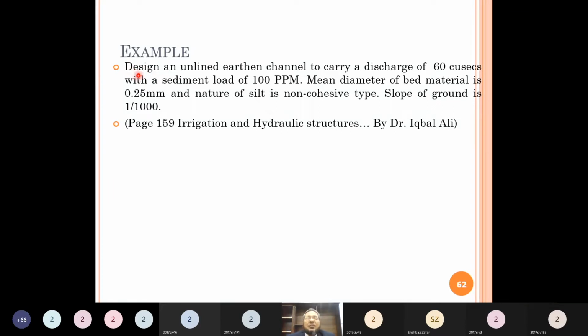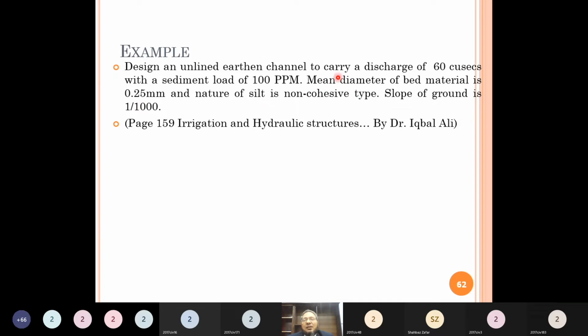Now we have one example, given in our textbook. Design an unlined earthen channel to carry a discharge of 60 cusecs. It is the same discharge with a sediment load of 100 ppm, the same as we solved numerically using Lacey's equation. Mean diameter of bed material is 0.25, and the nature of silt is non-cohesive.